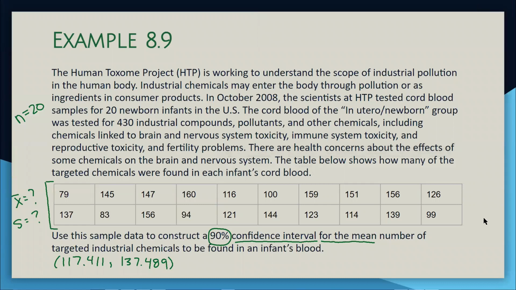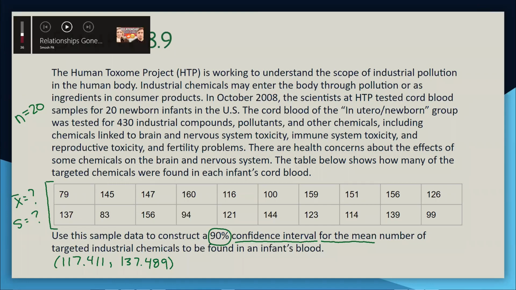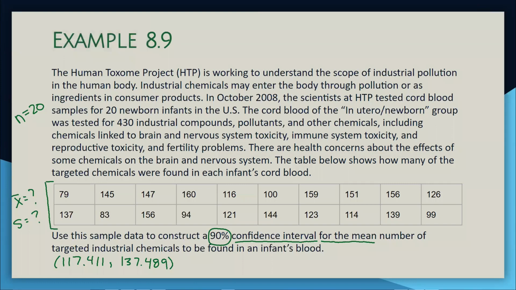So the last sentence says use this sample data to construct a 90% confidence interval for the mean number of targeted industrial chemicals to be found in infant blood. So based on this confidence interval, we can say with 90% confidence that the true mean number of targeted industrial chemicals found in an infant's blood is somewhere between 117.411 and 137.48.